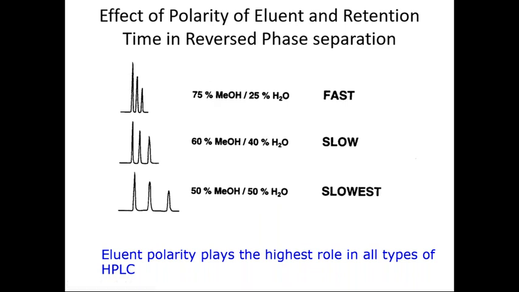So in reverse phase chromatography, as you increase the polarity of the solvent or you increase the water content of the solvent, you will see that the separation or the resolution is much better. However, it is slower. It takes longer for the peaks to elute.